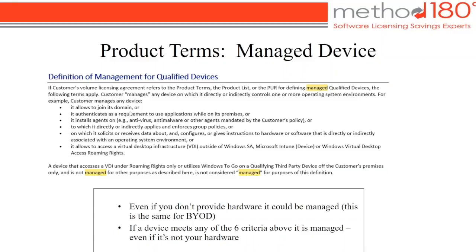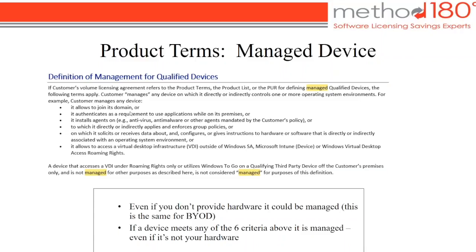So that's why I said the Windows AD for that enterprise CAL is probably going to make them qualified employees under Microsoft's definition, because if you're letting a contractor in to have access to a system of yours, irregardless of if that's a Microsoft system or not, they're joining your domain, therefore they're utilizing one of those enterprise client access licenses and are qualified, what Microsoft then calls a qualified employee.